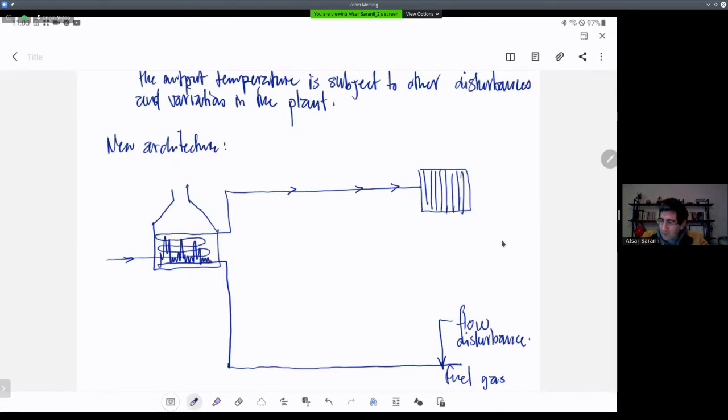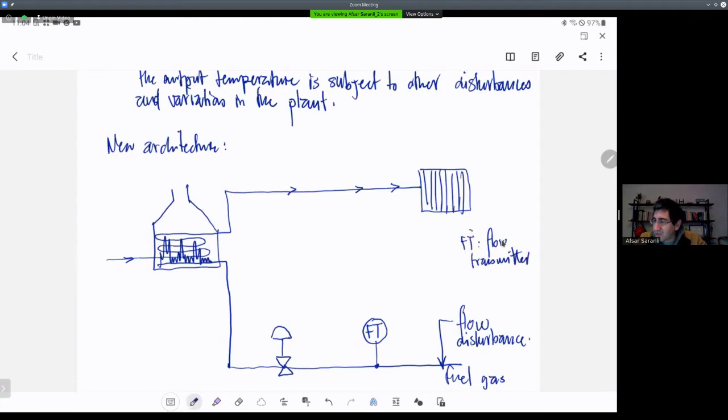So what we are doing is we want to do something here. So here is our servo valve. We can regulate the fuel flow, but what we want to do is measure the flow. So we have a flow transmitter here. FT is a flow transmitter.